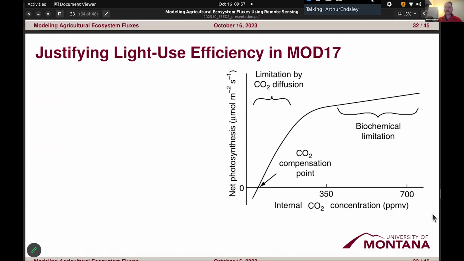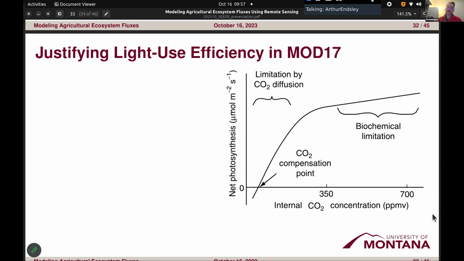Now, how do we justify using a light use efficiency approach? Some of you agronomists, maybe some ecophysiologists, may know that there's actually a nonlinear dependency on irradiance and on available CO2 inside plant mesophyll. At some point, you don't just get an increasingly linear increase in net photosynthesis with more CO2 and more light.